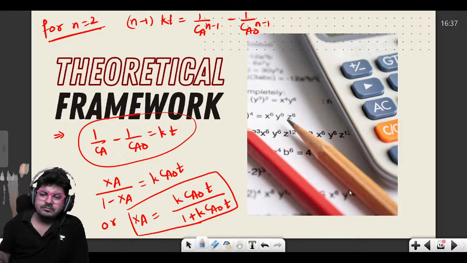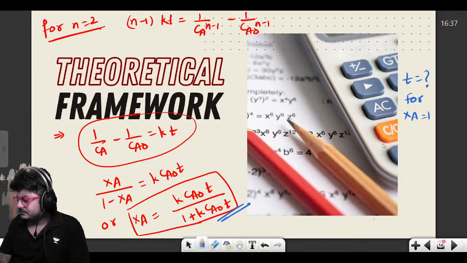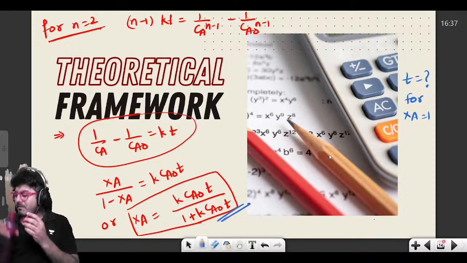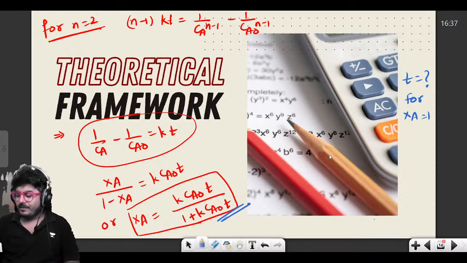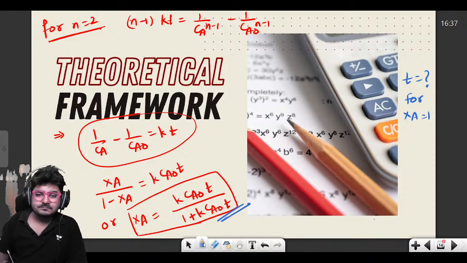Now here, tell me, what will be the time needed to achieve Xa equal to 1? क्या होगा बताओ?